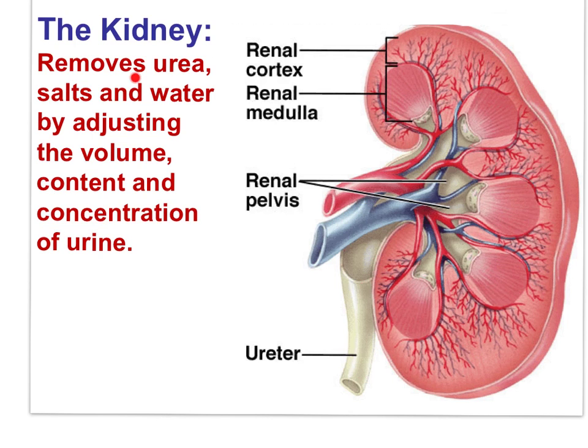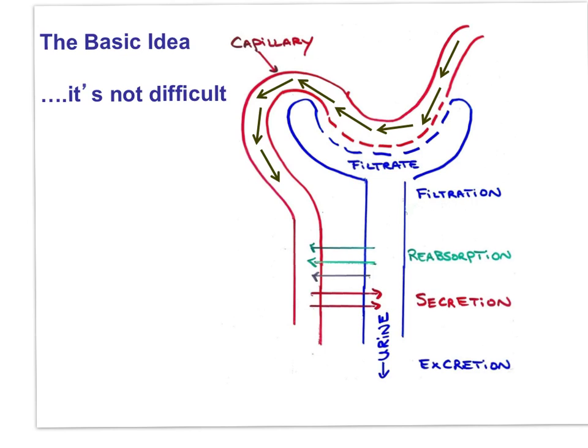The kidney removes urea, salts, and water from the blood by adjusting the volume, content, and concentration of the urine. You may wonder how it is that materials from the blood can be extracted and removed from the body. But the basic concept is not that difficult.